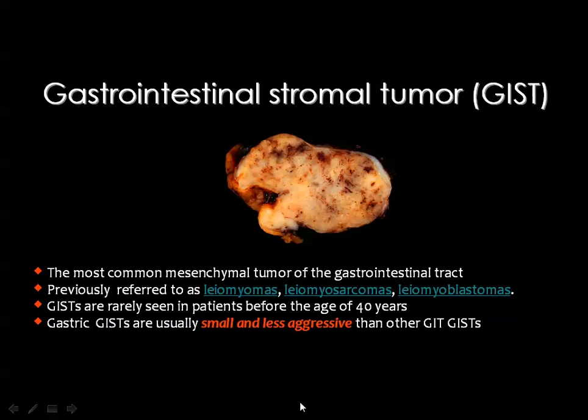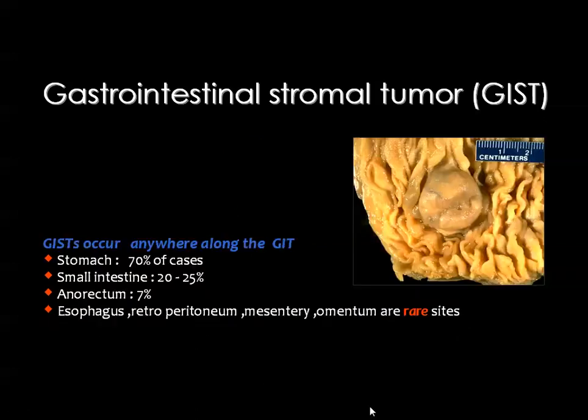And these tumors are rarely seen before the age of 40 years according to the literature, and gastric GISTs are usually small and less aggressive than other GIT GIST tumors.